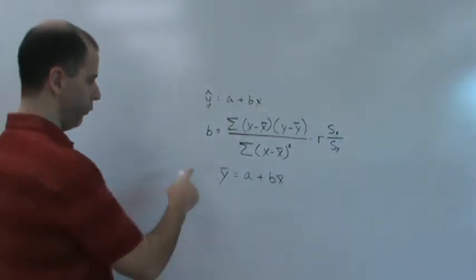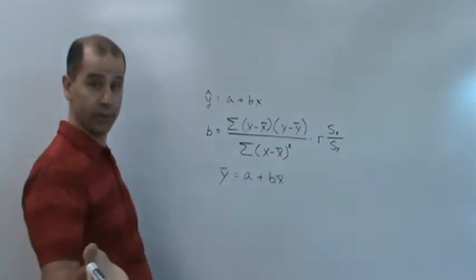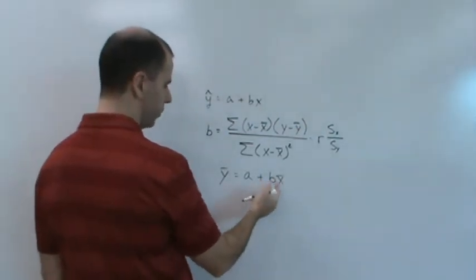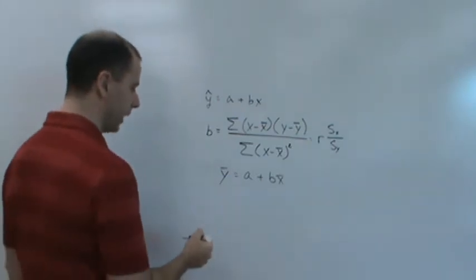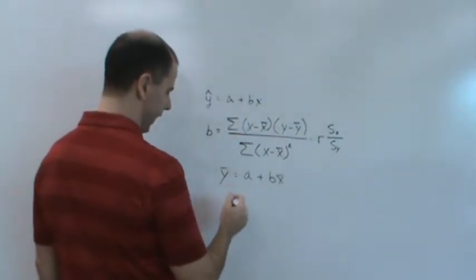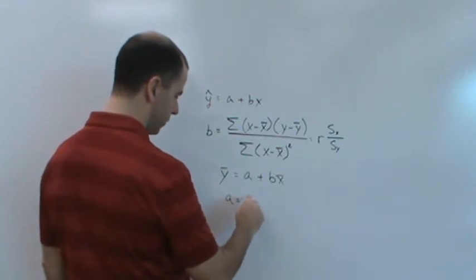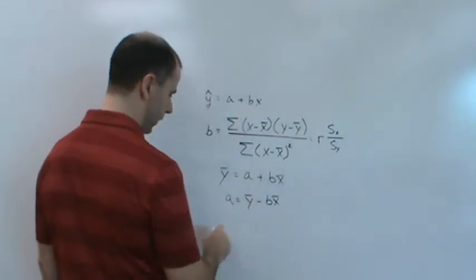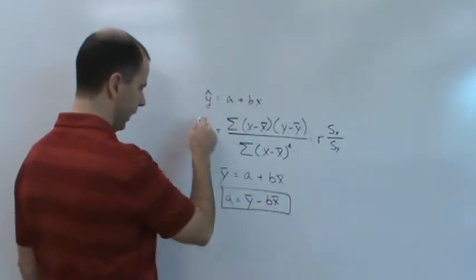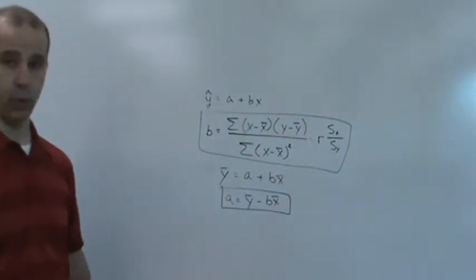Well, if we know b based on this formula, which comes directly from the sample data, then we can use this formula, the formula for the mean line, and solve for a. So a becomes y bar minus b times x bar. And so these are the formulas for the slope and the y-intercept.